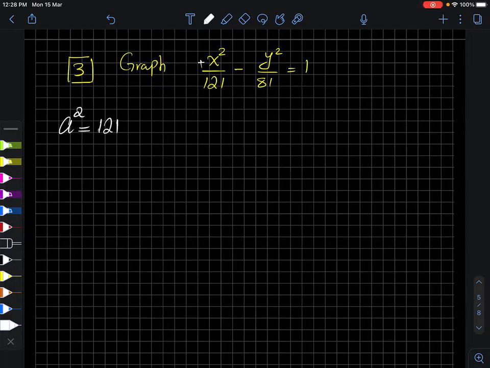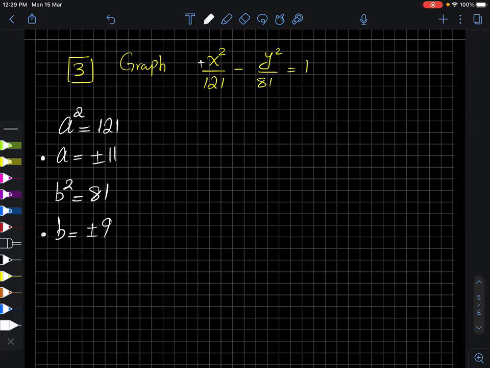So my a is plus minus 11. Then b squared equals 81, so b is plus minus 9, since the root of 81 is 9.